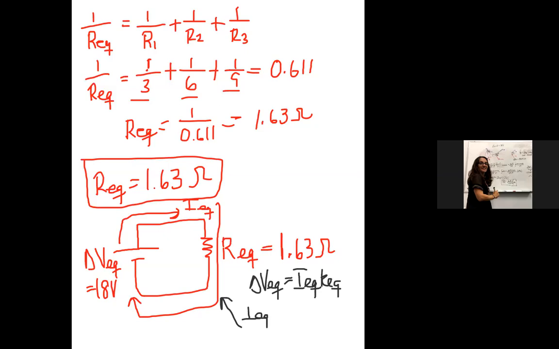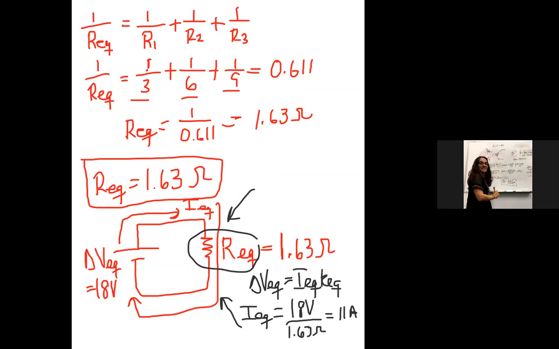So the equivalent current is delta V equivalent, 18 volts, over R equivalent, which is 1.63 ohms. And this gives an equivalent current of 11 amps. Okay, so that's one way to do it. Go back to your useful circuit diagram with the equivalent.